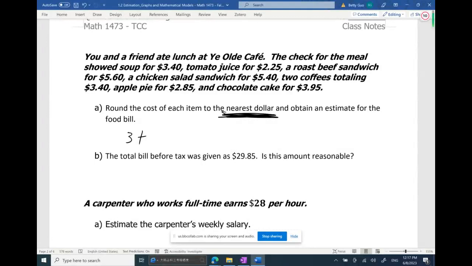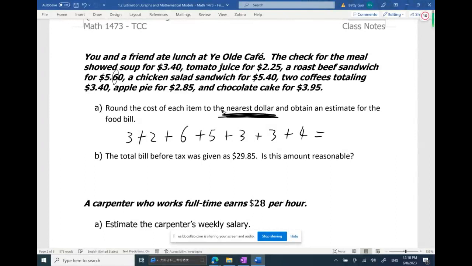Tomato juice, 2.25 rounded to 2. Roast beef sandwich, round up to 6. Why do we round it up? Because this 6 is bigger than 5, right? Chicken salad sandwich, rounded down to 5. Coffee, rounded down to 3. Apple pie, rounded up to 3. Chocolate cake, rounded up to 4.